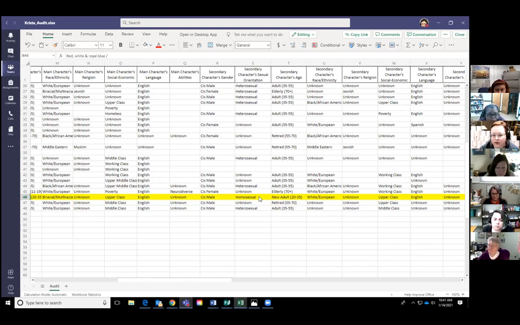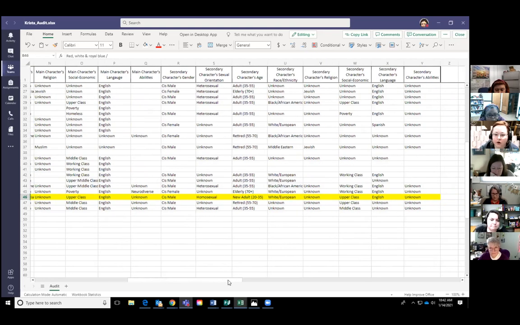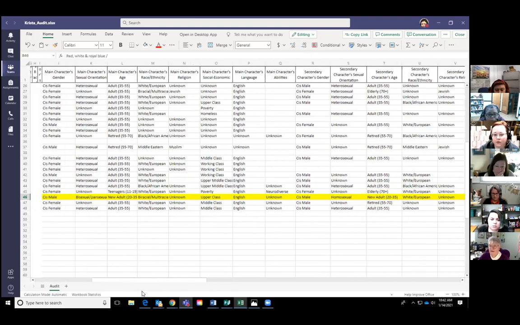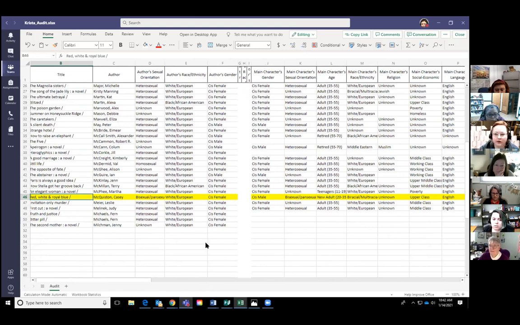So I went ahead and put him as homosexual, white or European, because I believe he's a Welsh prince. And again, upper class. I know that the author herself has ADHD, so she is neurodiverse, but nothing I read in terms of the characters said anything about them being neurodiverse. So when it came to ability, I just put unknown because nothing was mentioned about that.